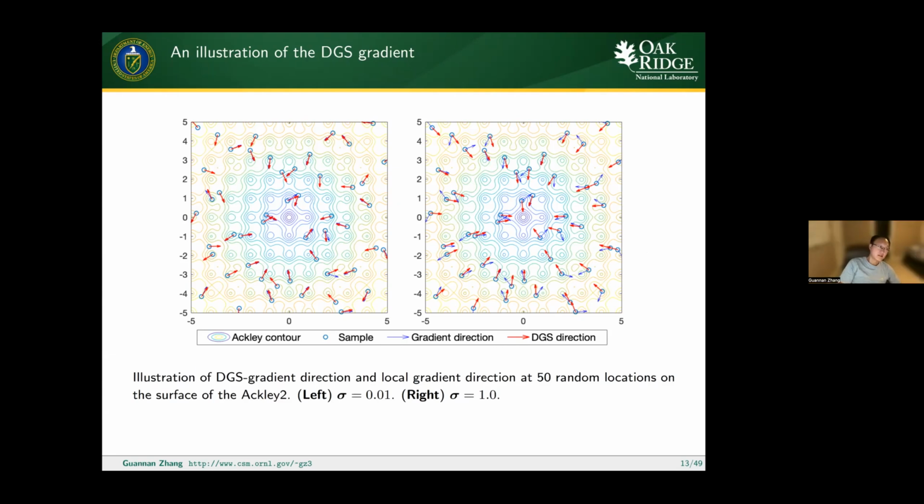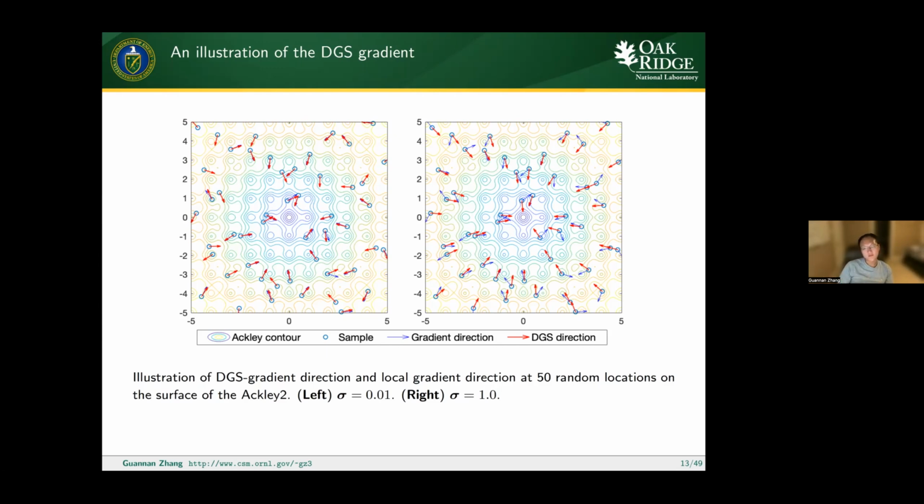Well, if it's too big... basically, the reason why it works is because this loss function has a global convex structure perturbed by some smaller-scale or higher-frequency noise or perturbations.